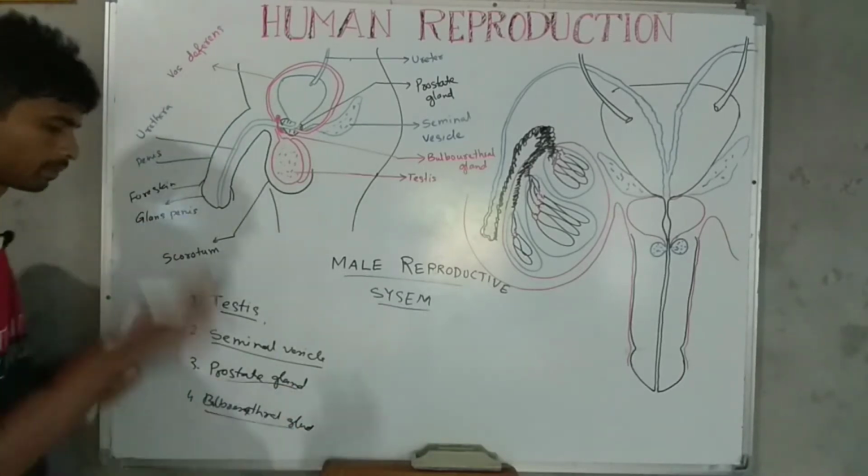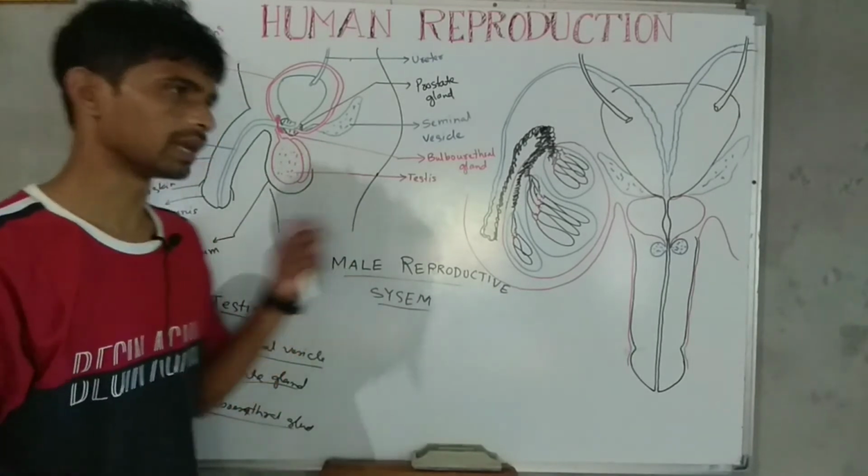So these are the main parts of the male reproductive system.